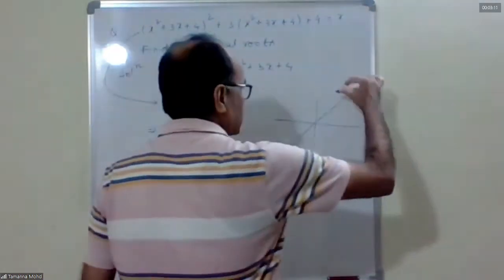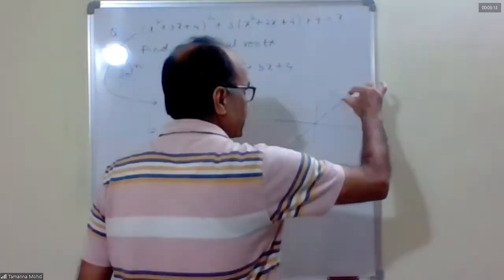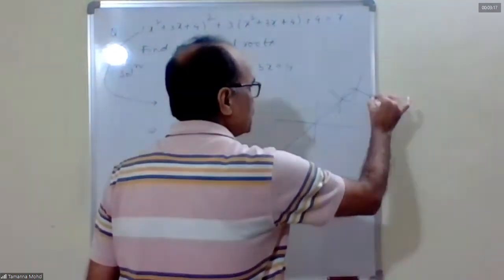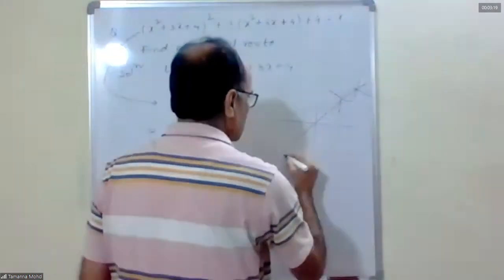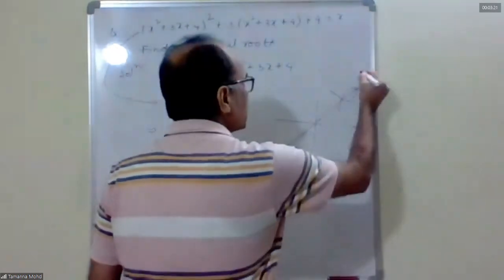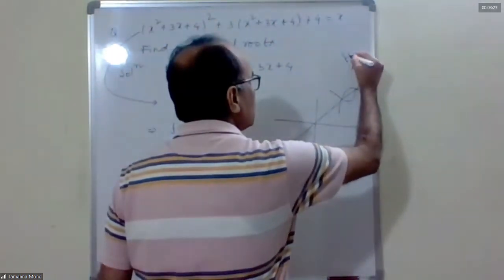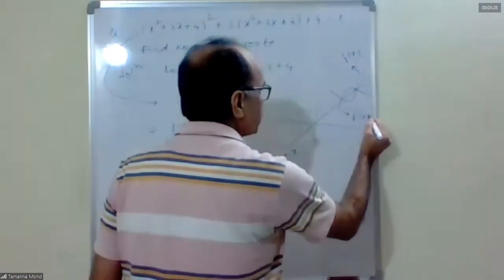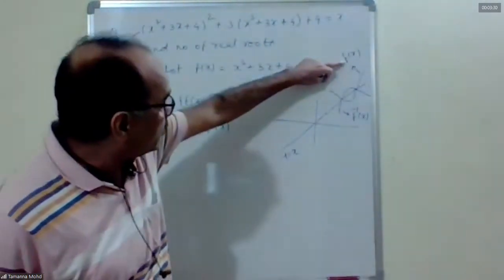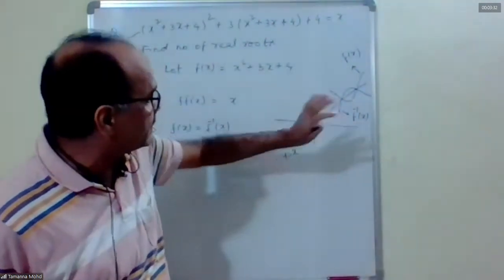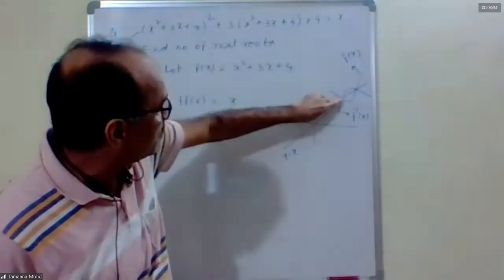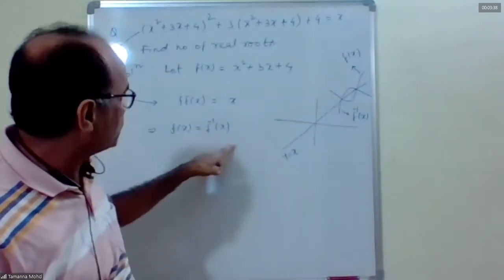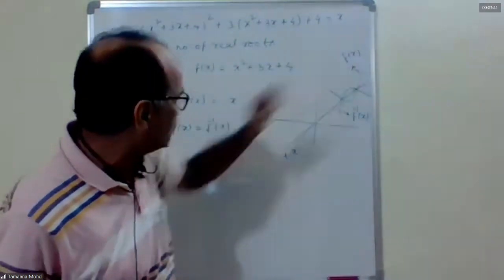Suppose this is f(x), then f inverse x will be something like this. So the number of roots of f(x) equal to f inverse x will be the same as f(x) equal to x.